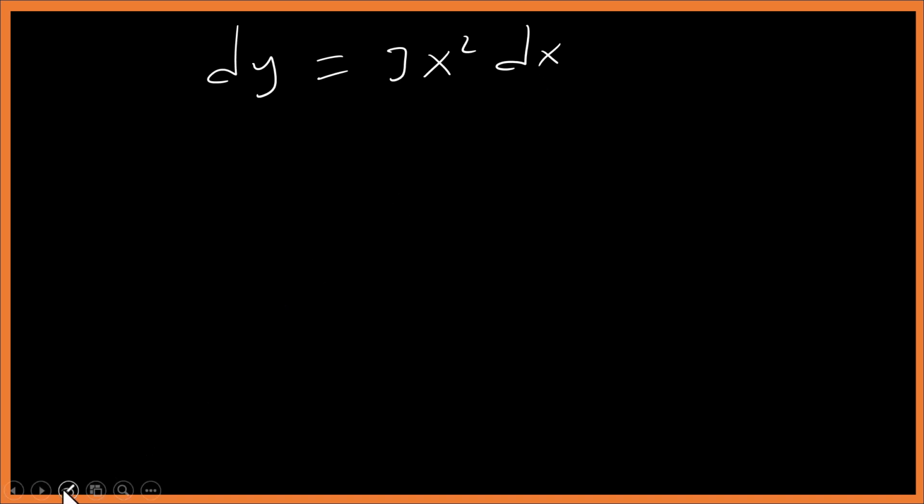All right, so let's take the integral on both sides. Anytime the integral sign and d meet, they cancel out. So we have y here.